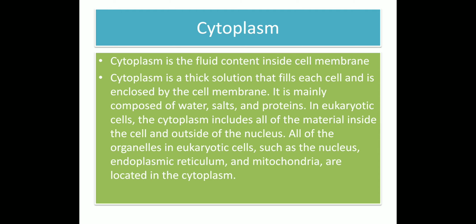Now, cytoplasm is the fluid, gel-like substance present inside the cell membrane. It's a thick solution that fills each cell and is enclosed by the cell membrane. As we discussed before, it is mainly made up of water, salts, and proteins, and it includes all the contents inside and outside of the nucleus.